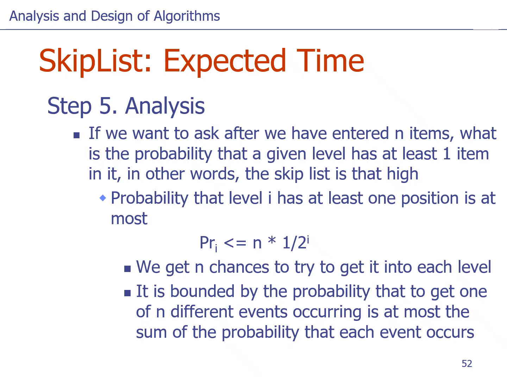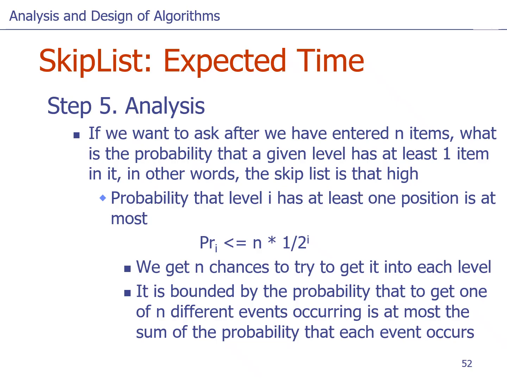It depends how many times we attempted reaching level 6. And that means how many items we have, because with every insertion of an item in the linked list, we try to bring it upward, say to level 6. So if we have 100, we have tried 100 times. And if we have 200, we have tried 200 times. Okay? So the probability of some element appearing at level 6 will be dependent on how many items we have.